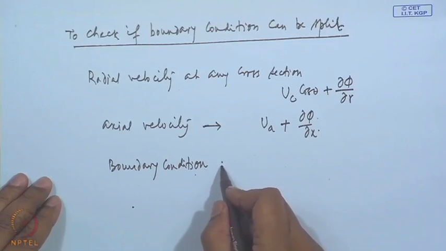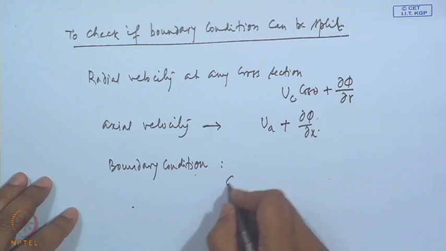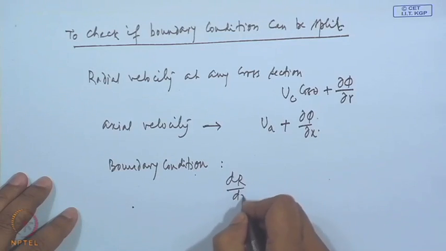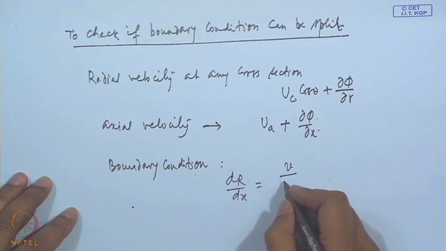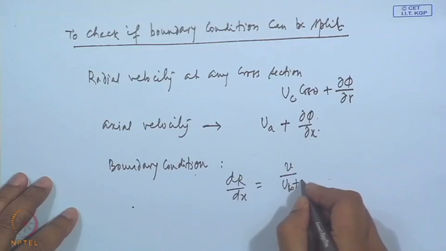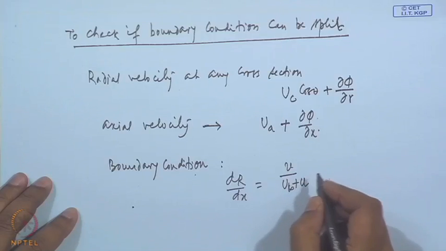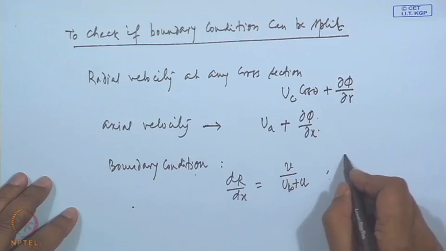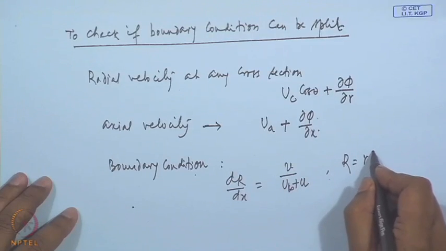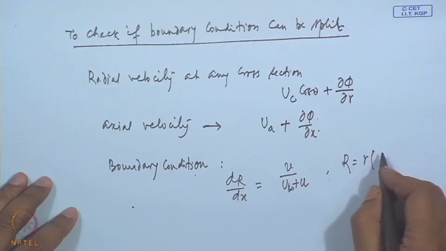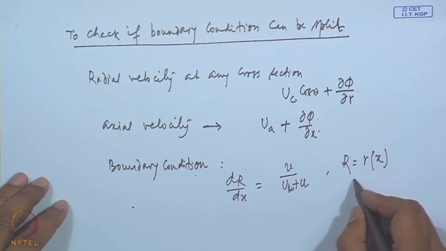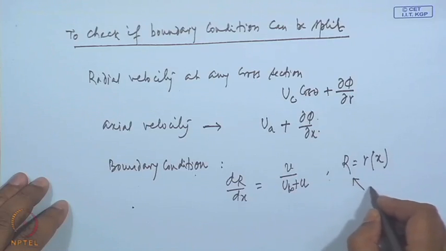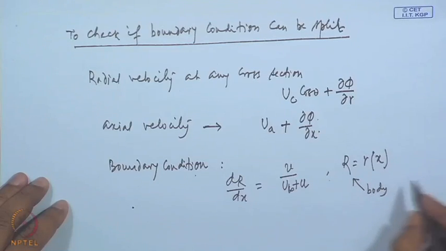The boundary condition, what we had is dr dx equal to v by u infinity plus u, is the body contour.